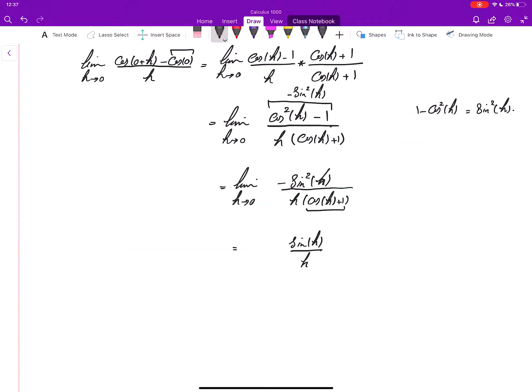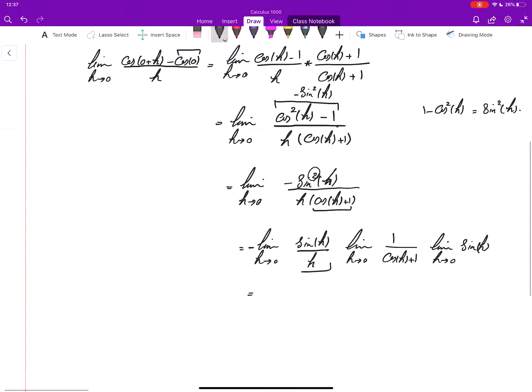The limit of this as h goes to 0 is cosine of 0 plus 1, which is 2, so 1 over 2 in general. So I can separate that piece, the limit as h goes to 0 of 1 over cosine h plus 1. And I already used one of the sine exponents, while the remaining one will be just one more sine h as h goes to 0. Don't forget that negative sign, I will put it up front.